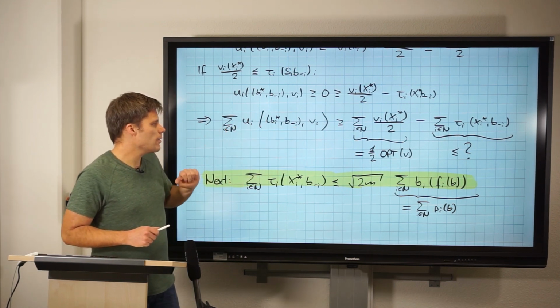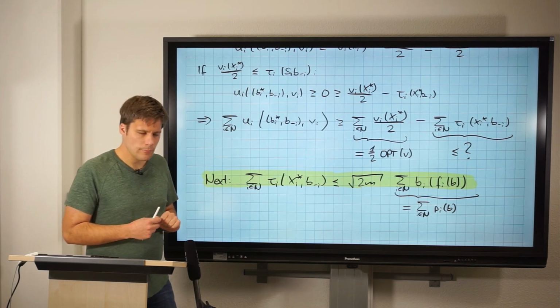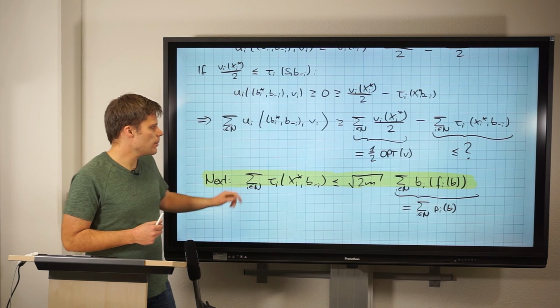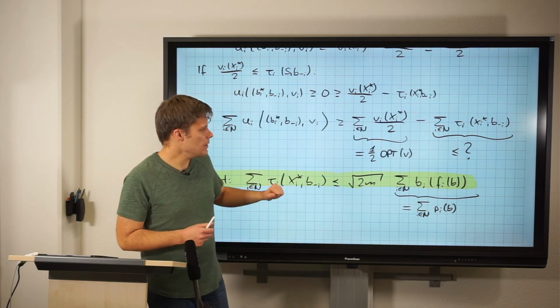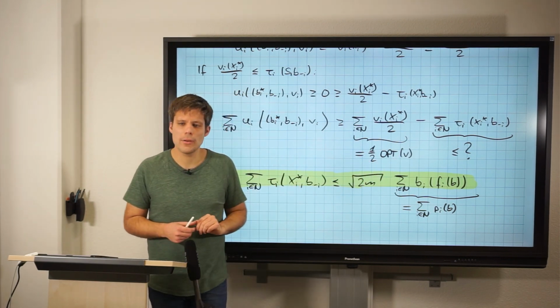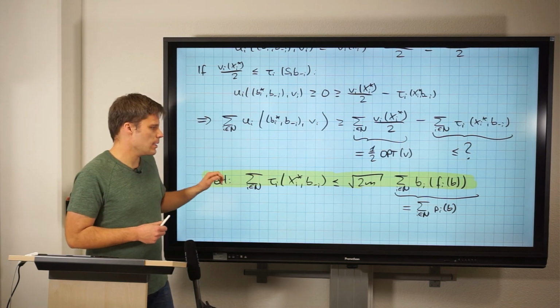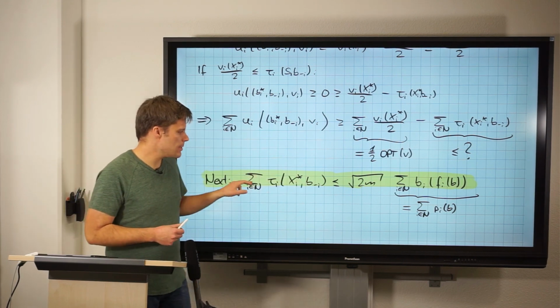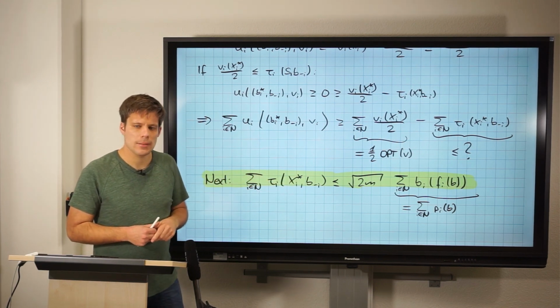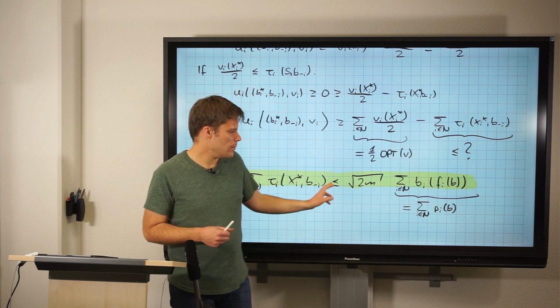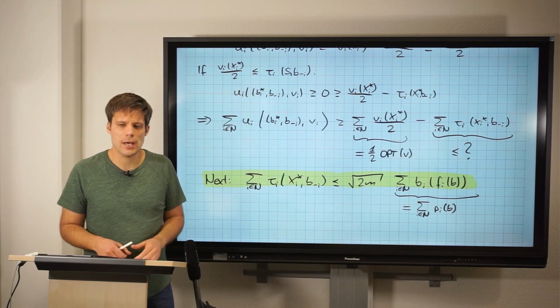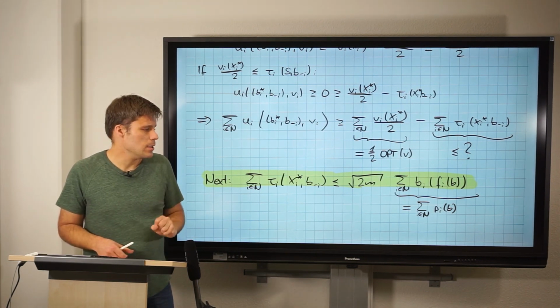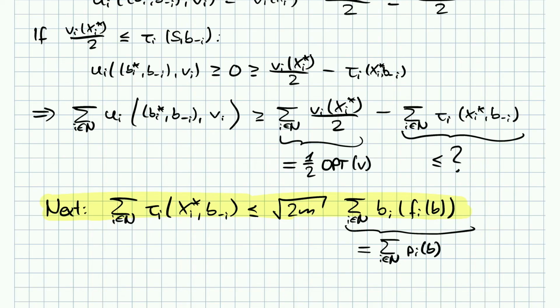We wanted to show that for these deviation bids, the sum of the utilities when one player is unilaterally deviating is at least half times the optimal social welfare minus, as we had here as the proxy, the sum of the critical bids. And now we have seen that this is at most this factor square root 2m times the sum of the payments under B. So this proves our claim.